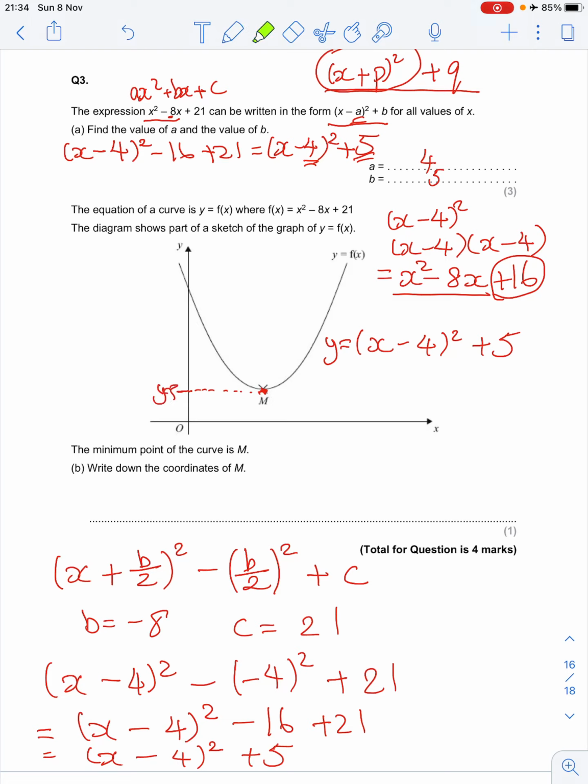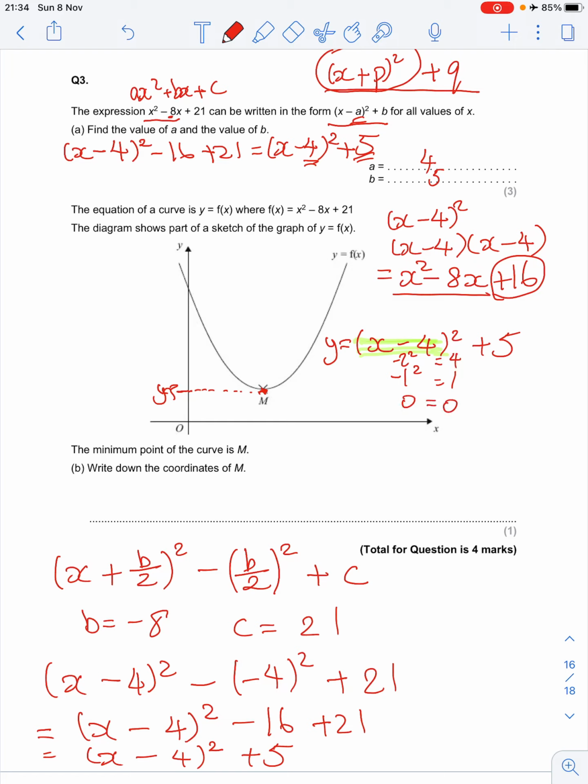So for the minimum value, remember this part, it's squared. And remember, if x is a negative number, let's say this part here is equal to minus 1 squared, it's 1, and minus 2 squared is equal to 4.